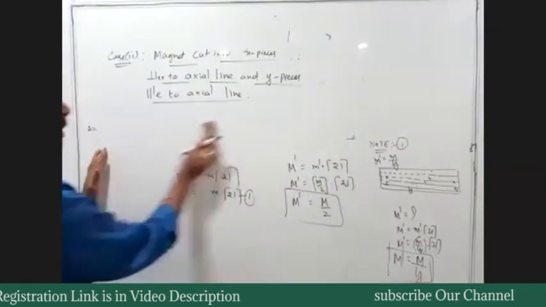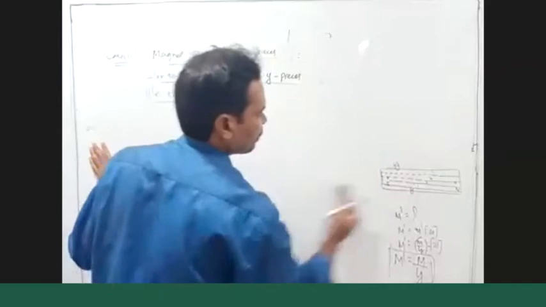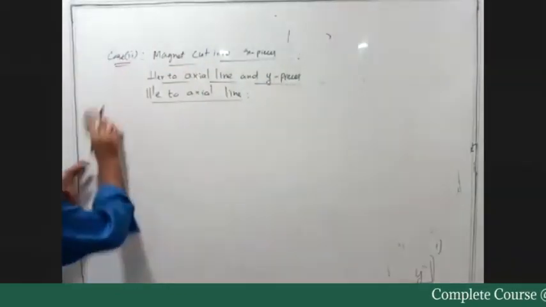Then what is the new magnetic moment of every smaller piece?